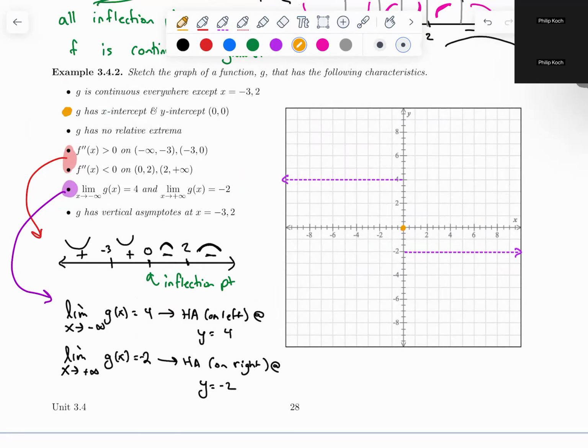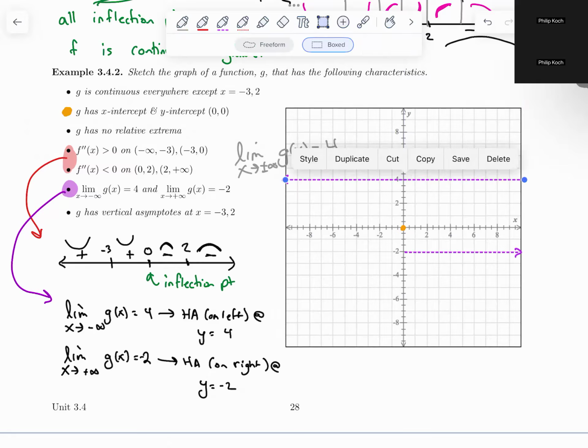Alright, so they're split down the middle because there's a distinction of negative infinity and positive. But if you just said positive or negative infinity and it had both, it'd be full one. So if it had the limit as x approaches plus or minus infinity of g of x equals 4, then we would extend this line for all of it.